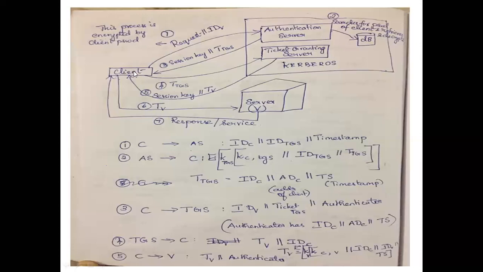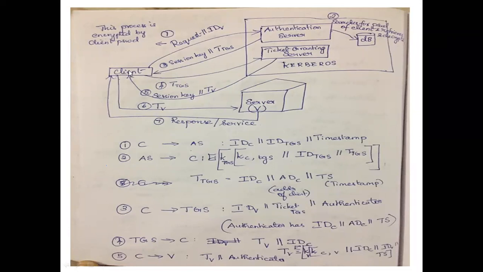First, the client requests the authentication server for the server ID. That is, the client has to contact the server V. If it has to contact the server, first it has to show that it is the original one. So it sends a request to the authentication server saying that I want an ID to access my server V. Now this authentication server will verify the client and give a ticket for the TGS to the client.